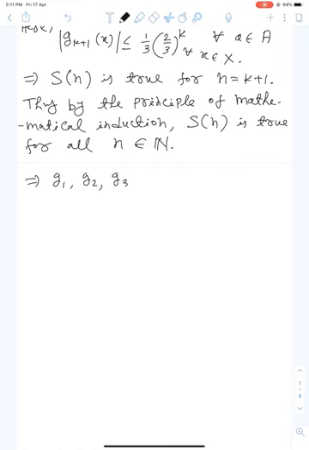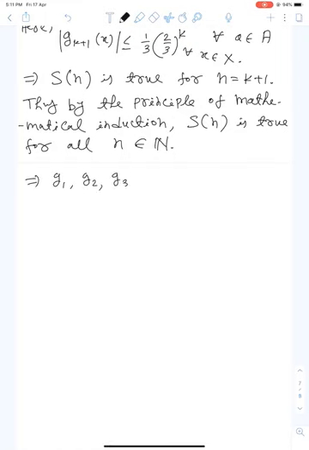Now we need to define an extension. Now we define a function g from X to, so we don't know which is the codomain, so we just write R here. So we have to see what my codomain is. We can write g(x) equal to the summation of n equal to 1 to infinity gn(x).